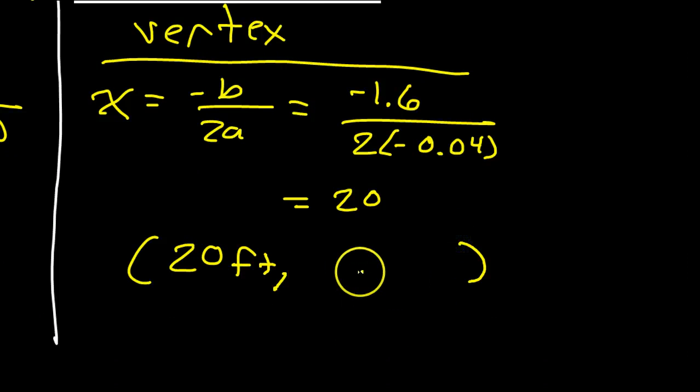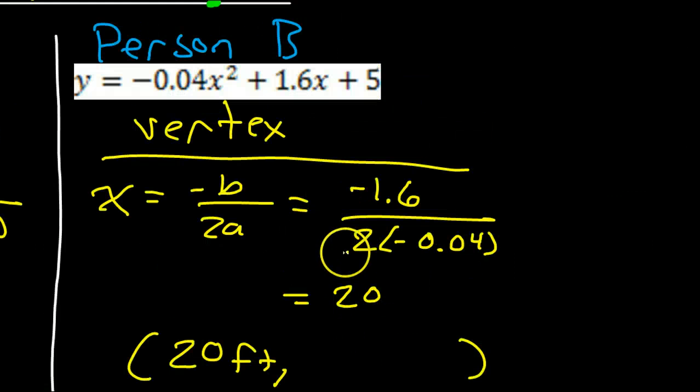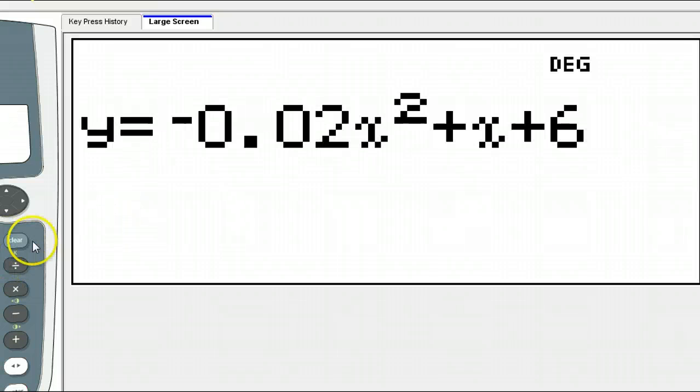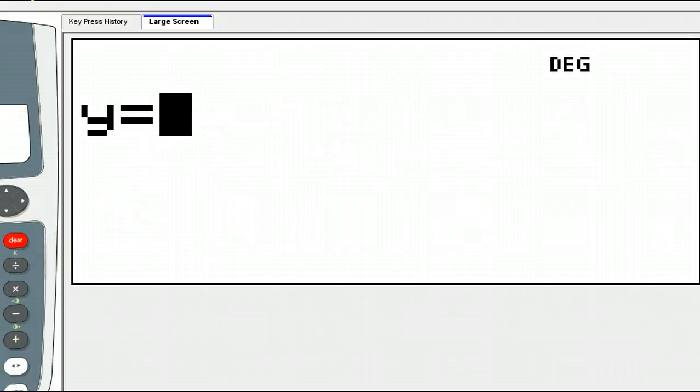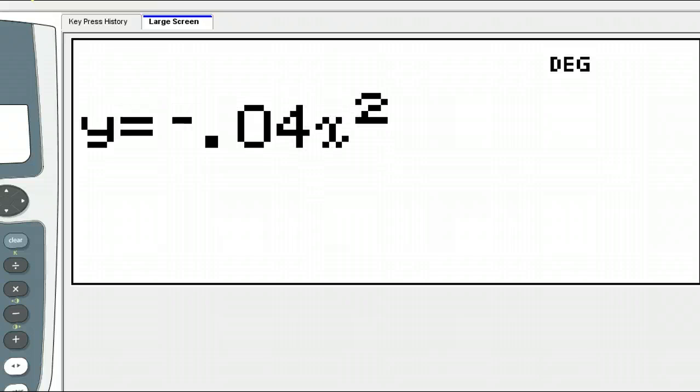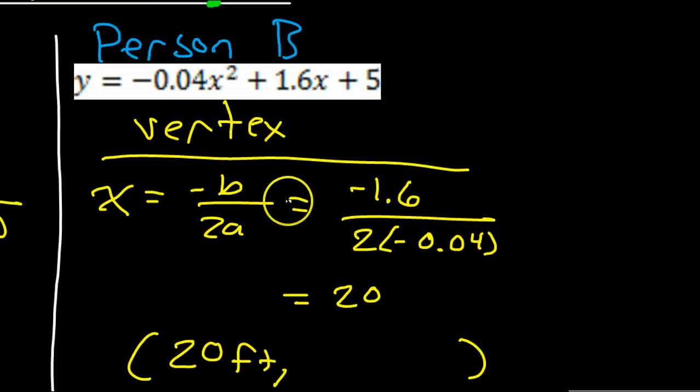Let's find the vertical distance that goes with it. We'll use a calculator to help us. Negative 0.04 x squared plus 1.6x plus 5.